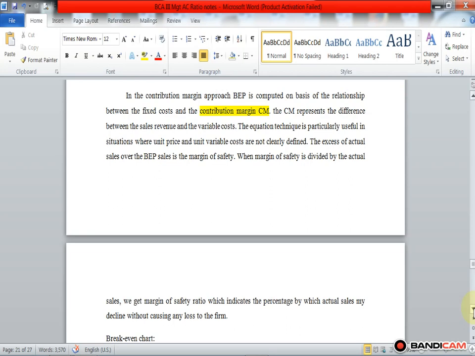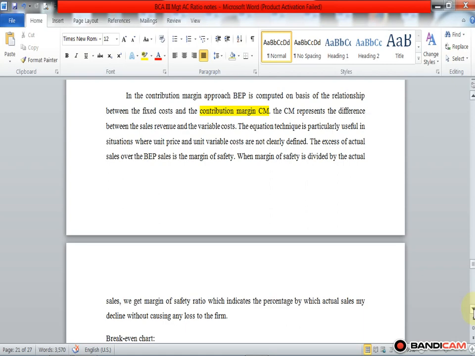So the percentage of margin of safety is calculated as margin of safety divided by actual sales.